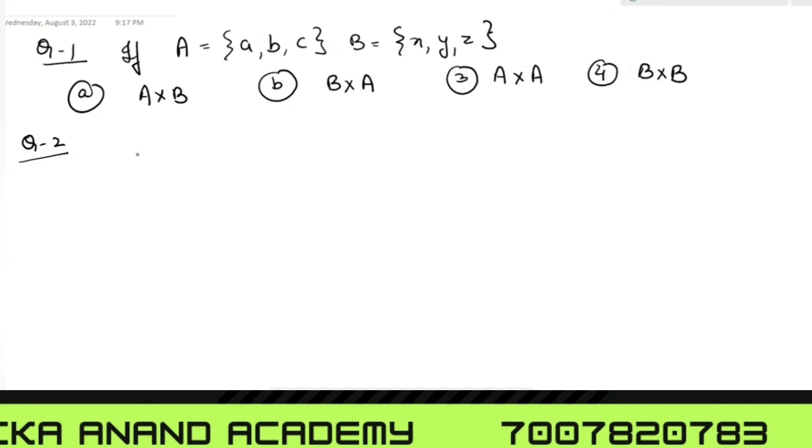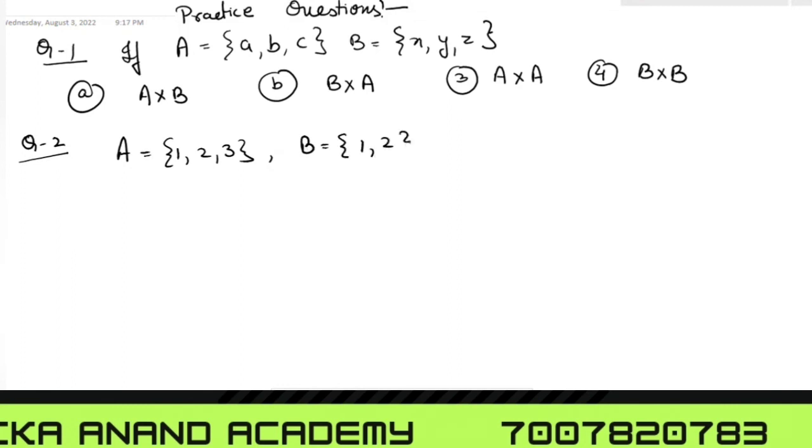Now second one, if set A is 1, 2 and 3, you can term them as practice questions. Set B is equal to 1 and 2. Set C is equal to 3, 5 and 7.